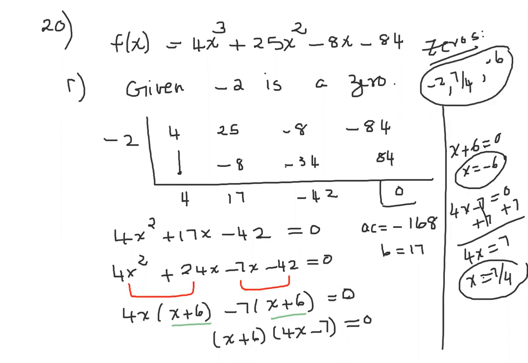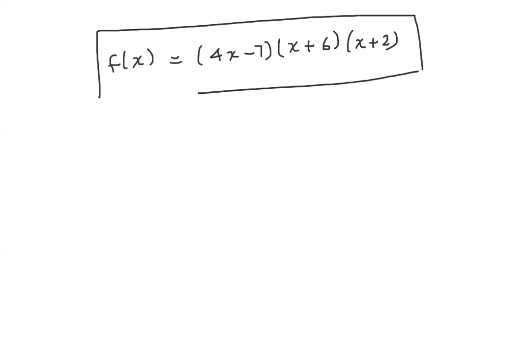And I'm going to write the factors. So we can write f of x as f of x equals 4x minus 7 times x plus 6 times x plus 2. So these are the answers for number 20.